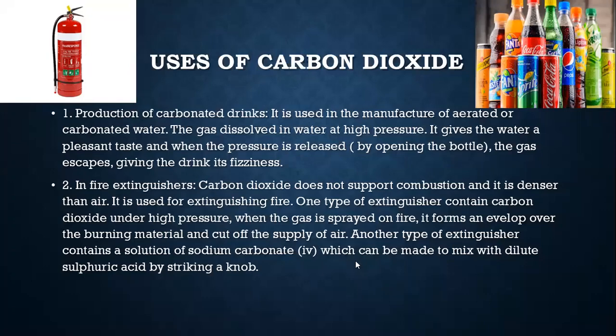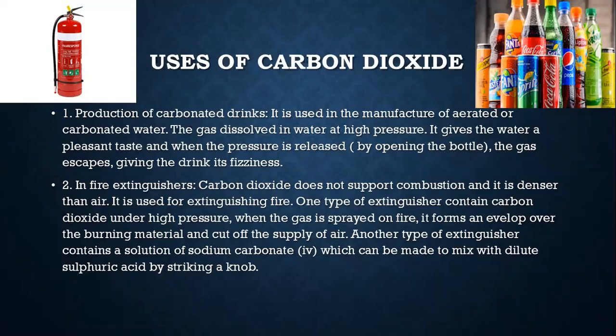The other one is made up as a result of two different solutions. Those are sodium carbonate, that is Na2CO3, and sulfuric acid, which is called H2SO4. So when the two mix together by striking the knob of the hose, there's going to be a mixture of the two solutions, sodium carbonate and H2SO4.